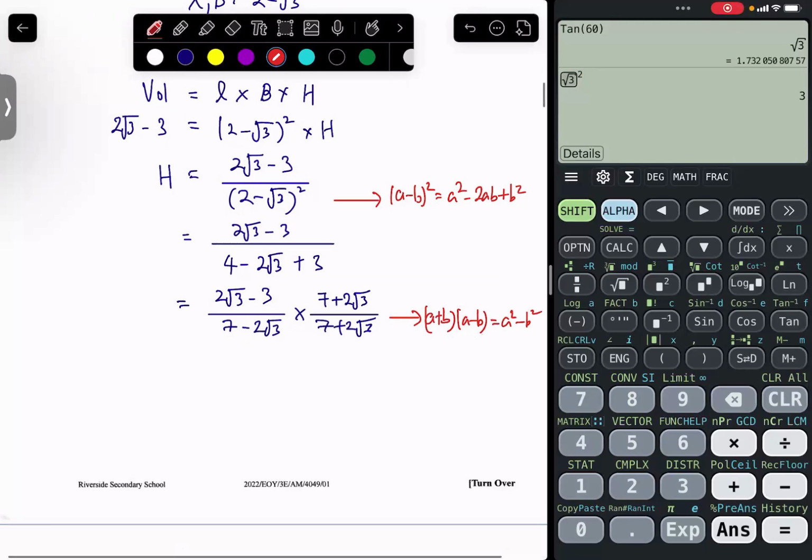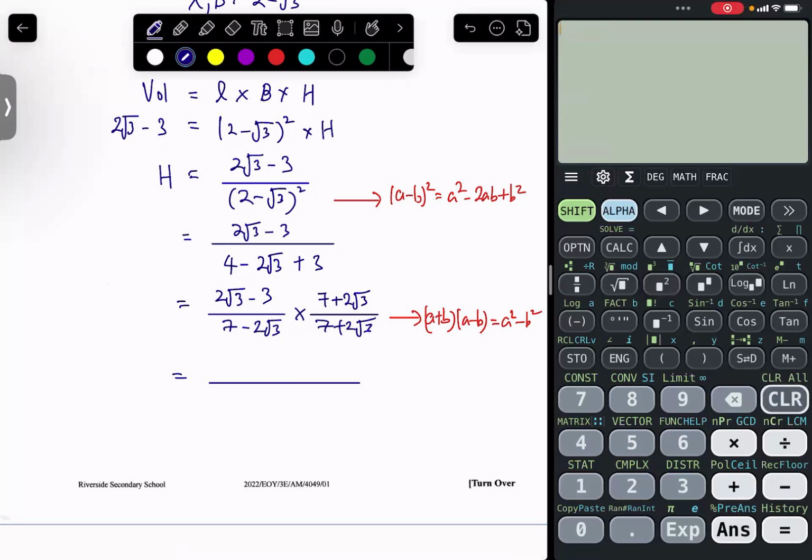Usually I like to deal with the denominator first, so the denominator is going to be 7 squared, which is 49, minus 2 root 3 squared, which is 12. So we have 49 minus 12.